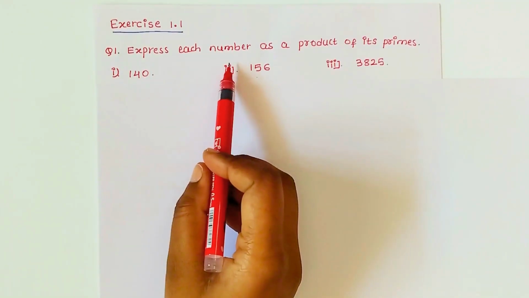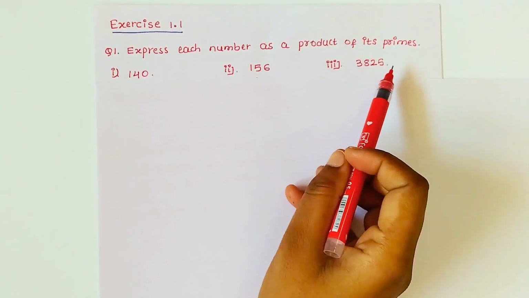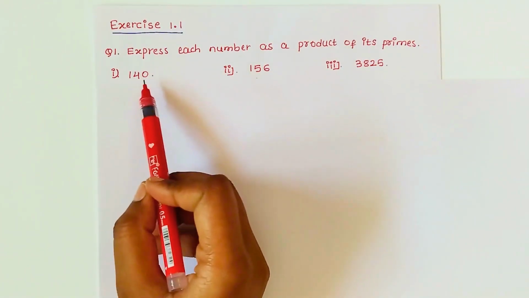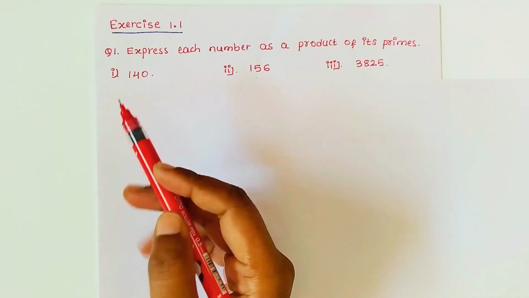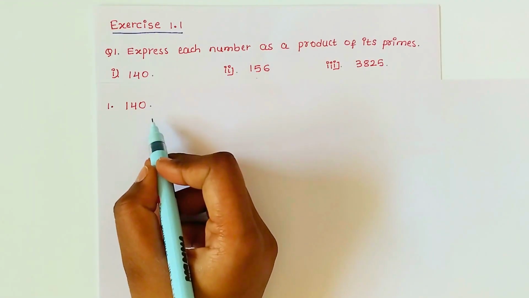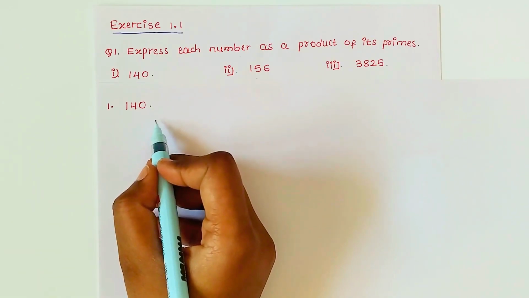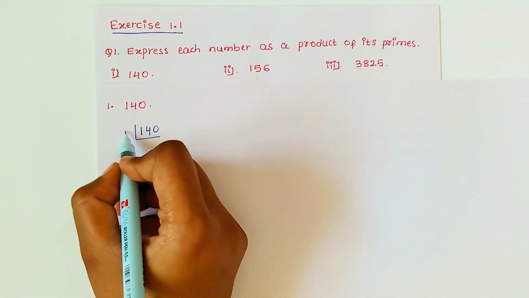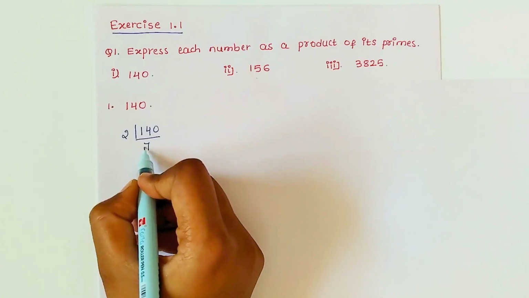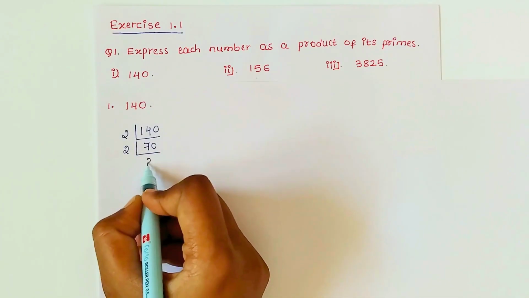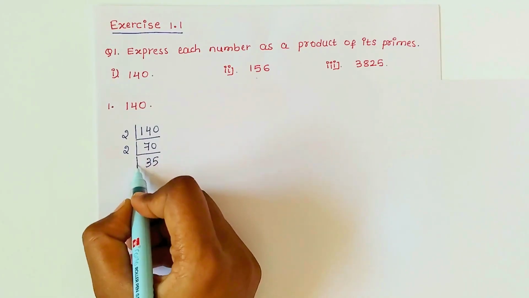Express each number as a product of its primes. See, we have to express this number as a product of its prime numbers. To get the factors of this number, use the factor tree method or the division method. Here I am using the long division method. Start with the lowest prime number 2. 2 7s are 14, 2 3s are 6, 2 5s are 10.